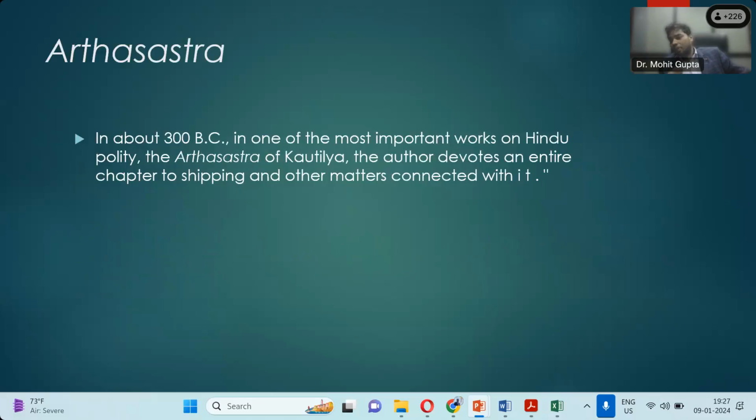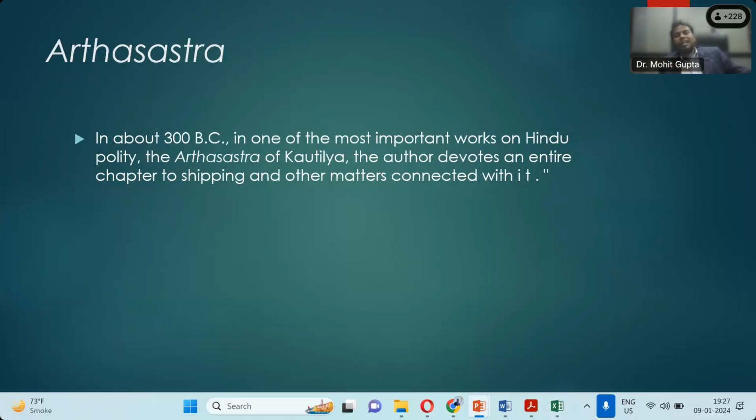In the same way, the Arthashastra has an entire chapter which is dedicated to seaborne trade. So the point is that this is not new to us. This is not the gift which Europeans have given to us, this international law or law of the sea. We were doing trade through seas. There were rules in place for seaborne trade. I think that kind of narrative should also be told to the students when we are discussing the evolution of law of the sea.